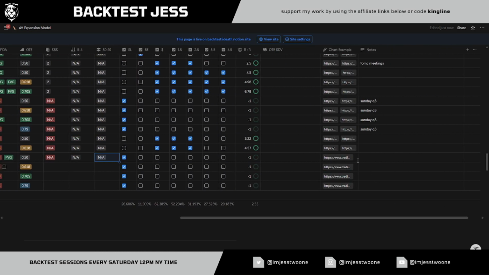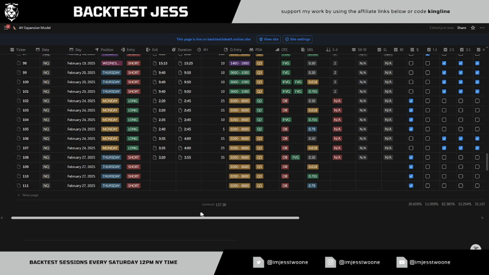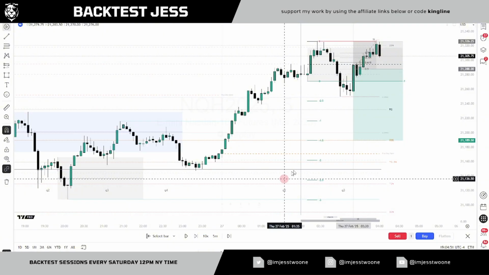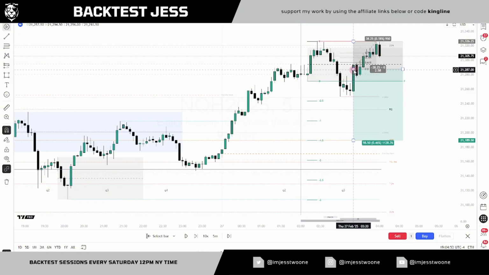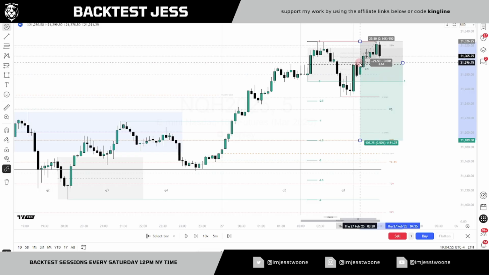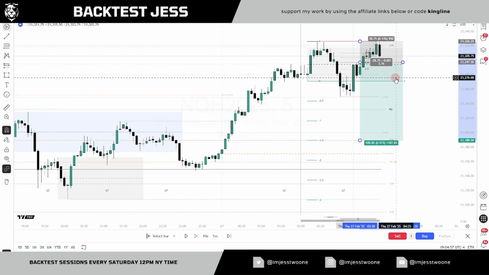I think this is the perfect time to do a refinement once we finish up February, especially because Notion is acting slow. Super slow. So maybe we can even start a new sheet with the refinements on it. Alright, so then we have 0.618, which happens here.